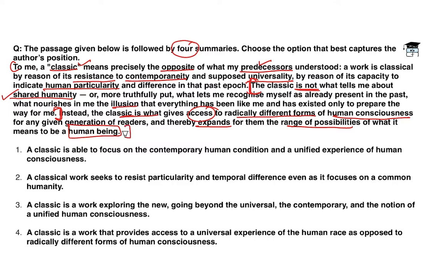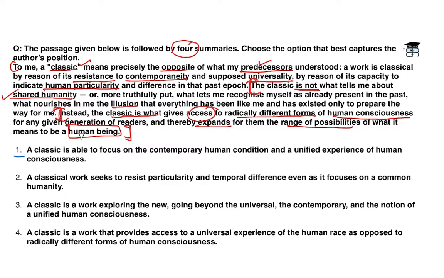Okay, now from this line to this line, I can see that the author is again talking about what classic means to him. Right. So in this whole paragraph, I can see that the author is focusing on the meaning of classic. So statements coinciding with the correct meaning of classic should be present in my summary. Right. Okay. So let's read the options then.